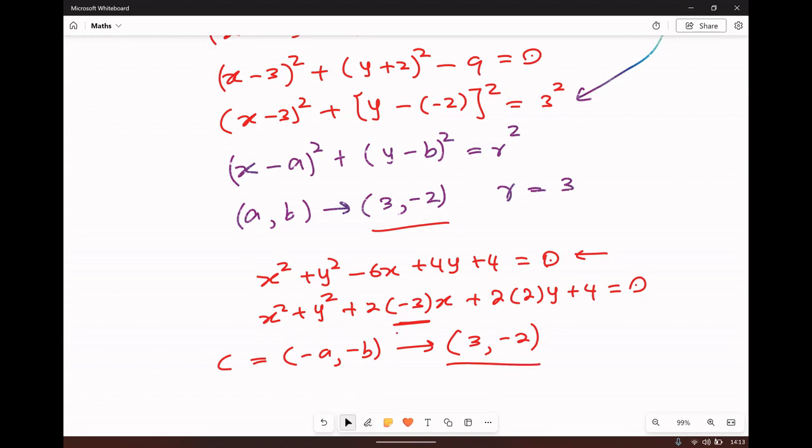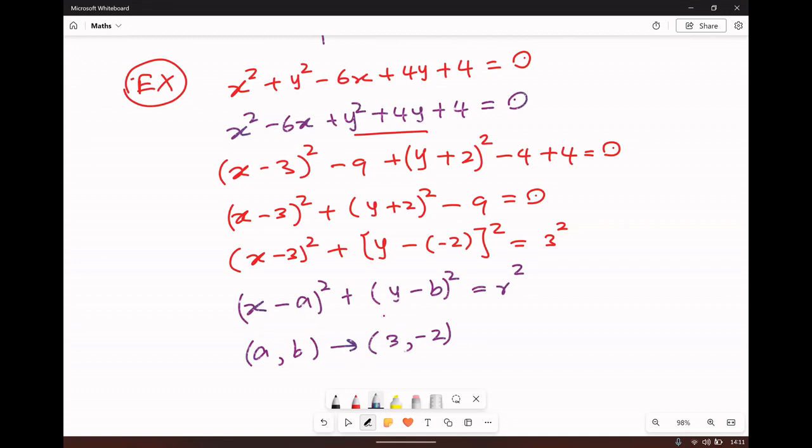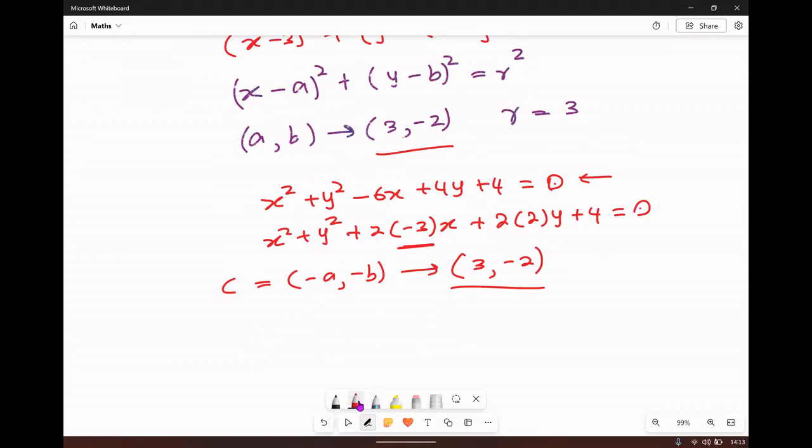And also to get the radius, we can use the other equation that we learned a while ago. So r is equal to the square root of a squared plus b squared minus c. We can recognize what a comma b is here. We can see that a is equal to minus 3, squared, and then b is equal to 2, squared, and if you look here, c is equal to 4.